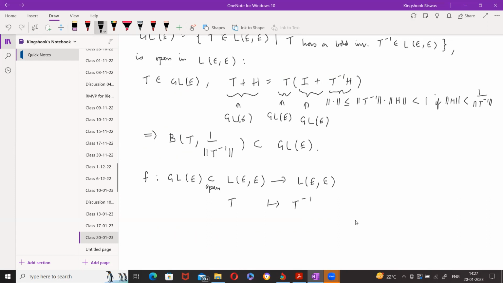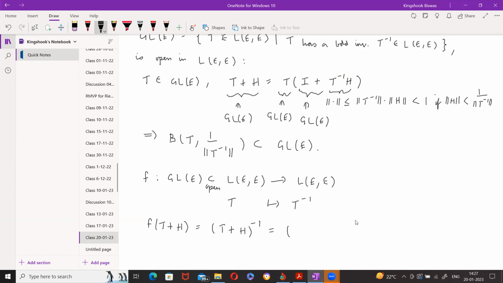So I want to see if this is differentiable. So I look at F of T plus H. So this is T plus H inverse. So I factor T plus H like I did here.